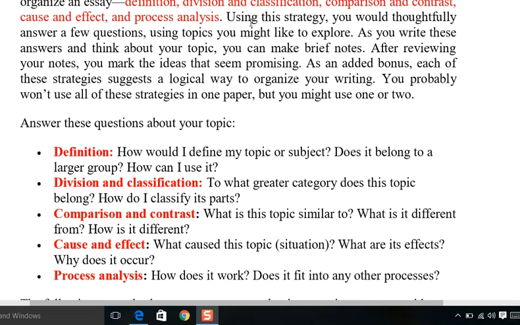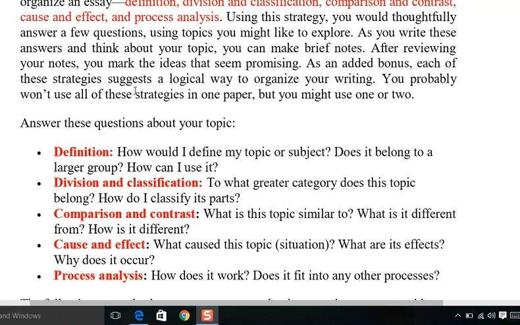Let's see. Using this strategy, you would thoughtfully answer a few questions about topics you might like to explore. As you write these answers and think about your topic, you can make brief notes. After reviewing your notes, you mark the ideas that seem promising.